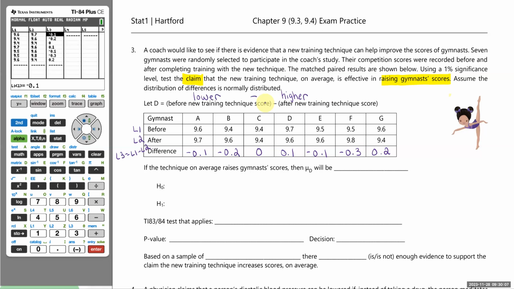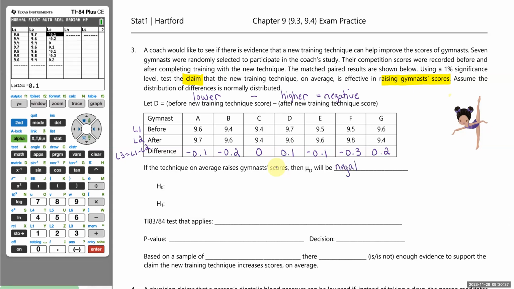So the difference, when you have a lower number minus a higher number, for example, my gymnast A, 9.6 is lower than 9.7, that difference is always negative.